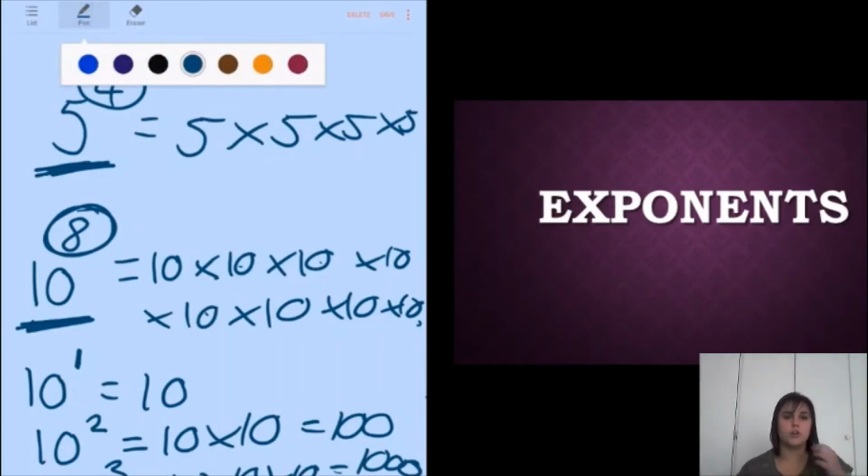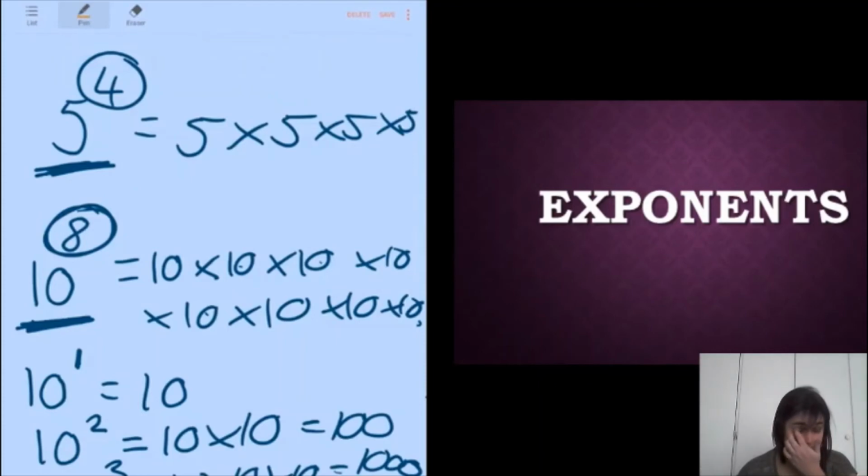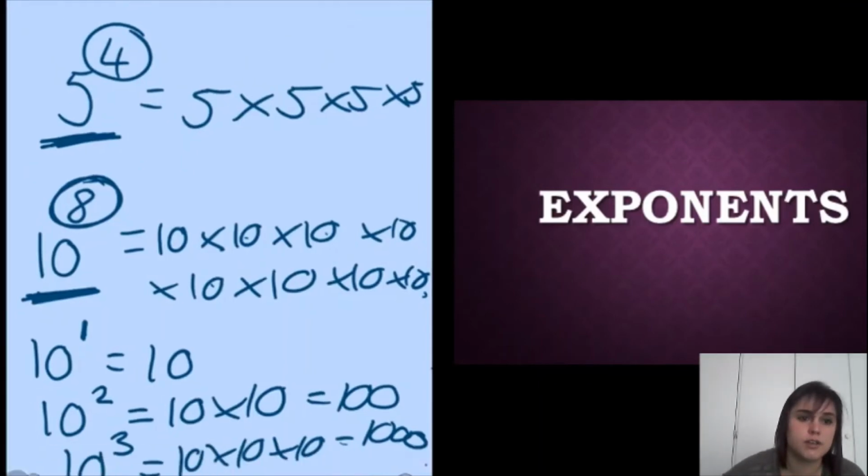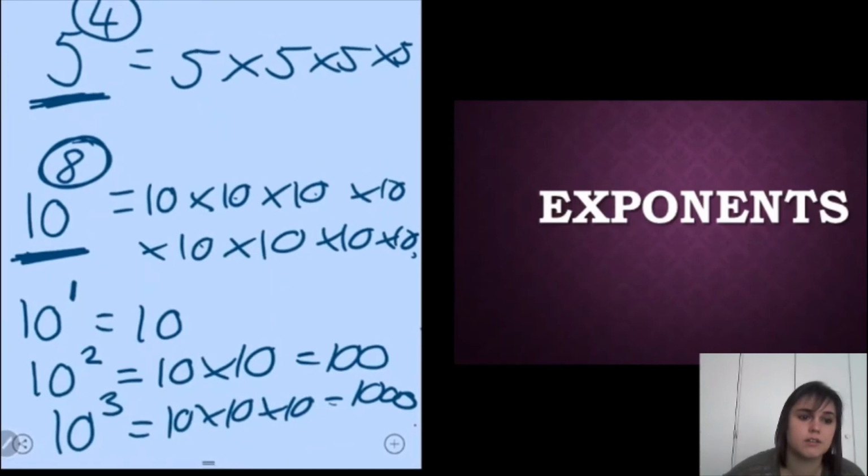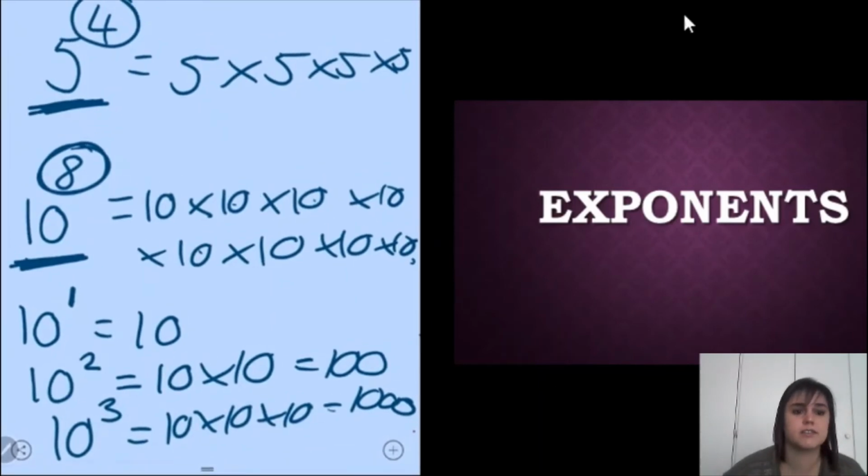Now if you go look, what do you notice? What do you notice about the tens? You should notice that to the power of 1 has 1 zero. To the power of 2, 2 zeros.